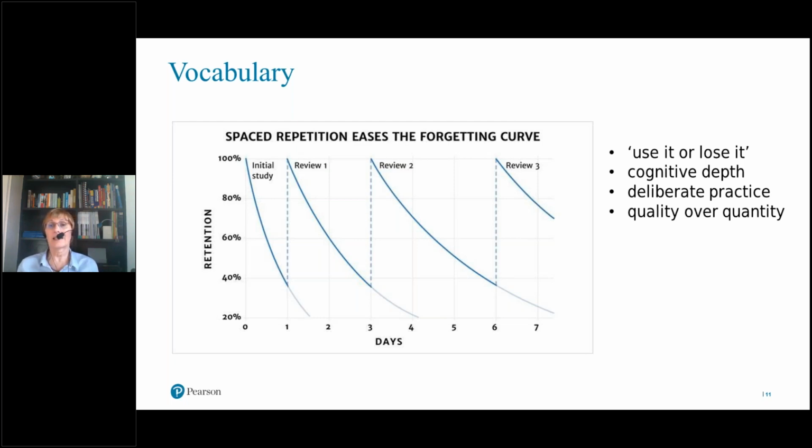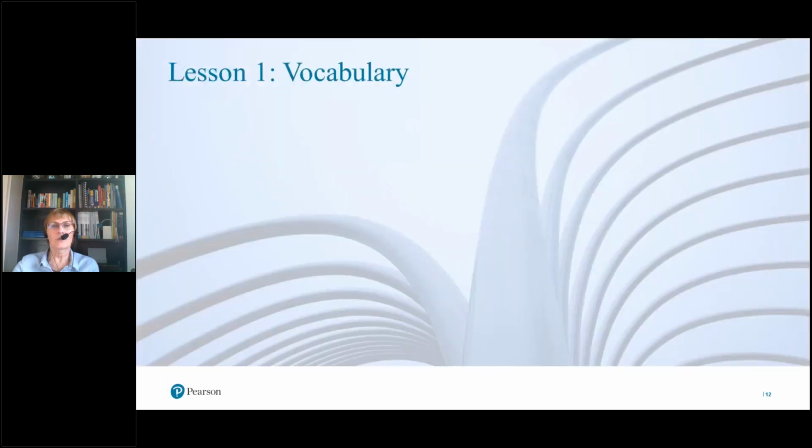Also, how we give students deliberate practice to help them do something with the language that is both relevant and engaging and makes it more memorable. And a key issue as well with the vocabulary syllabus in the lower levels is that we've gone for quality over quantity.